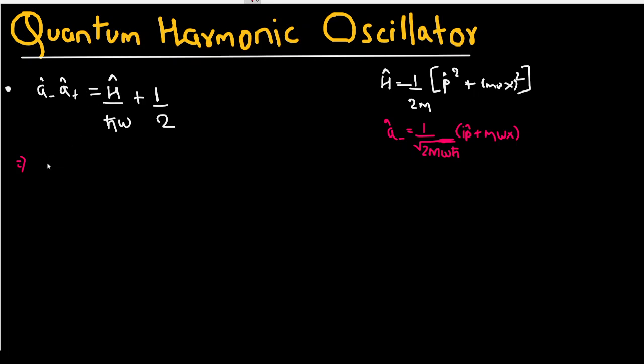So what we can do now is put 1 by 2 on the left-hand side, and what we get is A cap minus, A cap plus, and here minus 1 by 2. Then cross-multiplying by h cut omega, h cut omega equals the Hamiltonian operator.